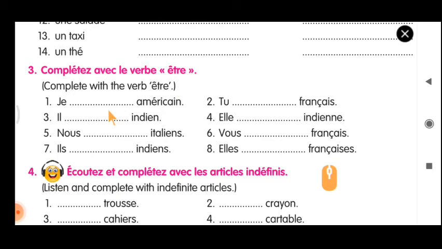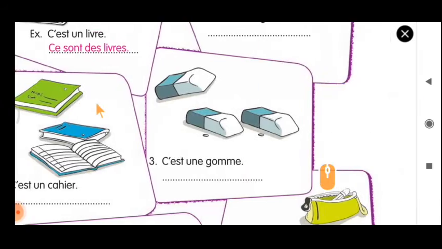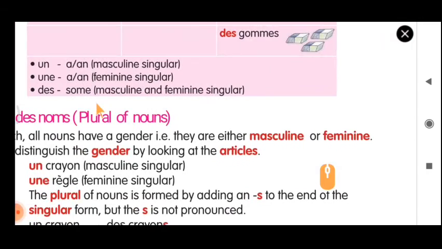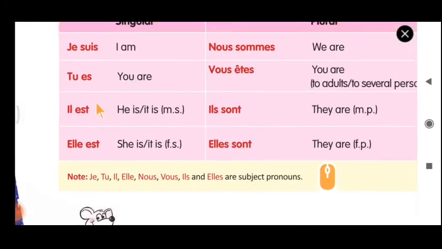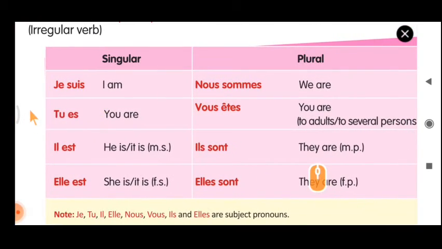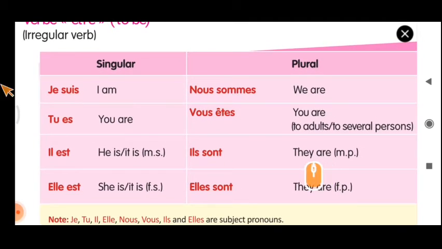Now how to solve this exercise? For example, je dash américain. Now we have to go and search the verb and we have to find the answer. So what we saw in je. So go and see in the tabular column. Here's the tabular column. So what is this spelling you have to write? S-U-I-S. This is what you have to write in the answer. So using this tabular column, you have to complete that exercise.